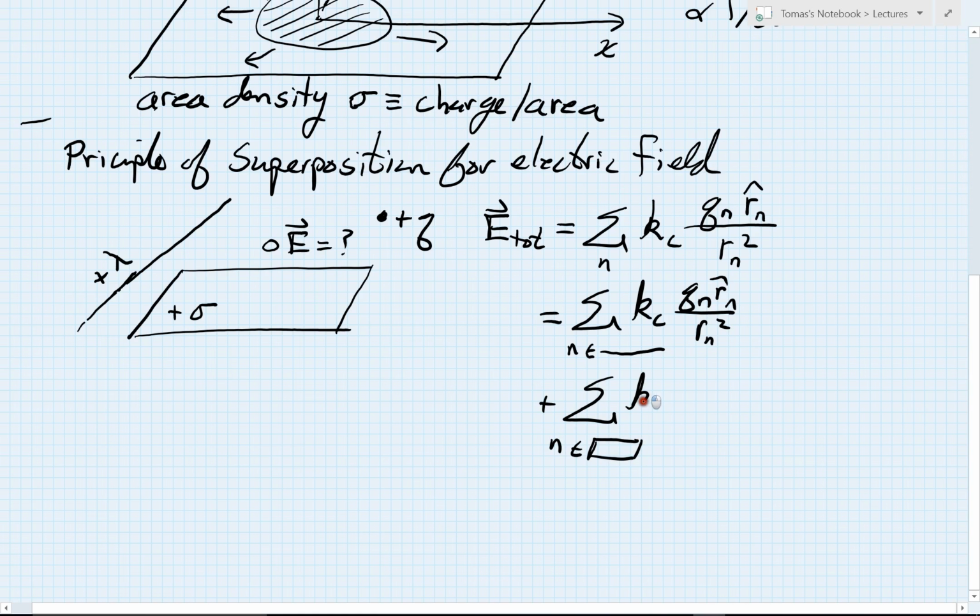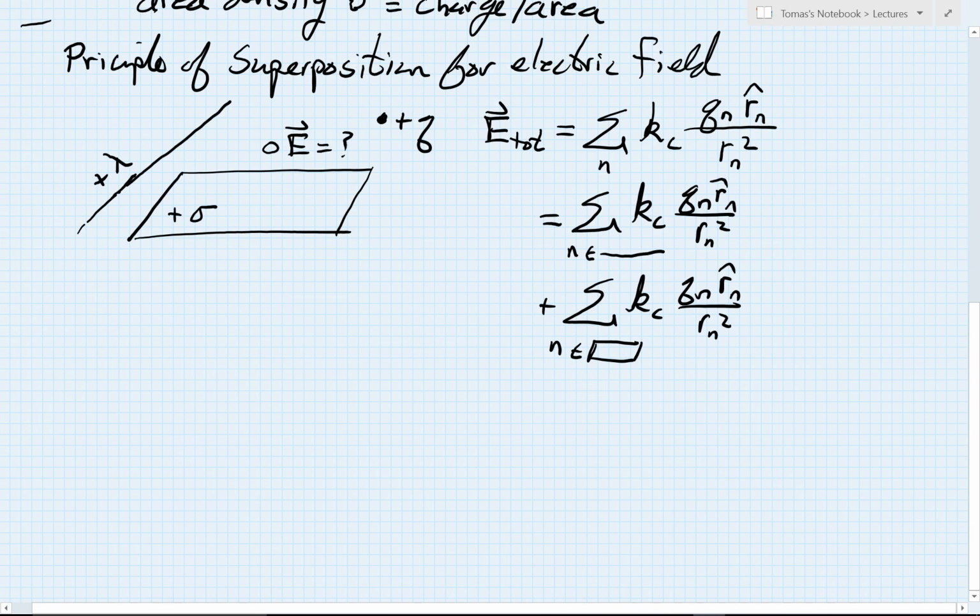For my particular example, Coulomb's constant q_n r hat_n over r_n squared. And then finally, in this case, in my example, I had just one particular point charge, so then this will be just the contribution from that charge, q_n r hat_n over again r_n squared, where n happens to equal that particular point charge.